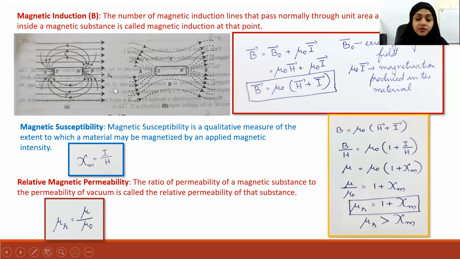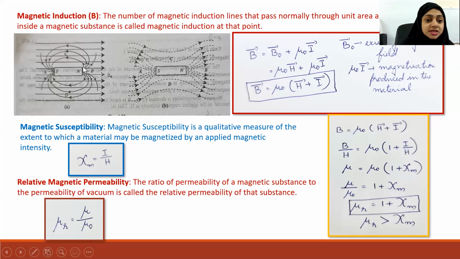For example, if I place a magnet here, then in this region there is a magnetic field already existing due to this magnet, right? That is represented by B naught.